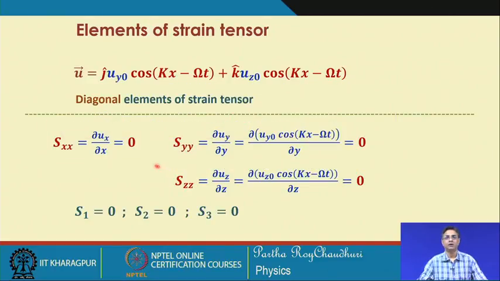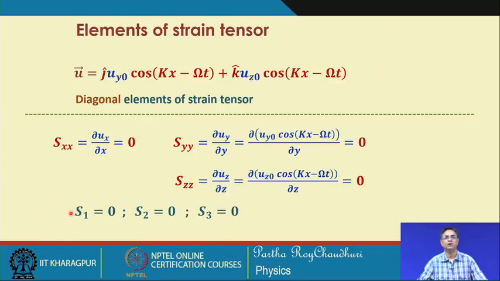So, these are the two components of the shear waves which are traveling along the x axis, which is very clear. Okay, so, in this case we will analyze the diagonal elements of the strain tensor. S x x is equal to 0, because u x is equal to 0, and del u y del y is also 0, and del u z del z is also 0.